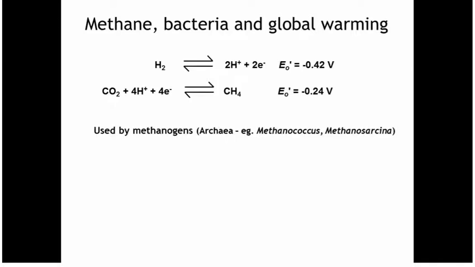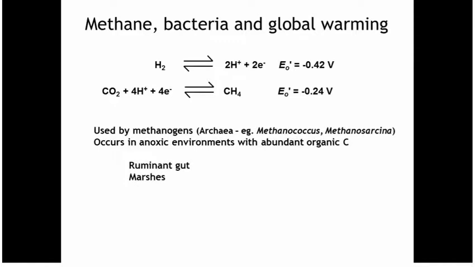So methanogens are archaebacteria. Some of them live in ruminant guts. Others live in marshes, so methane is known as marsh gas. And there are a lot which live in oceanic sediments off the coast.